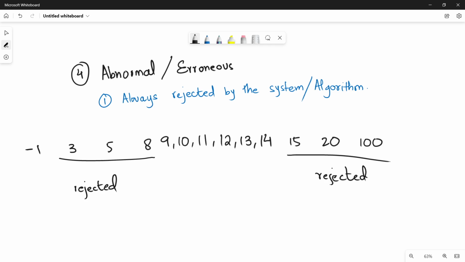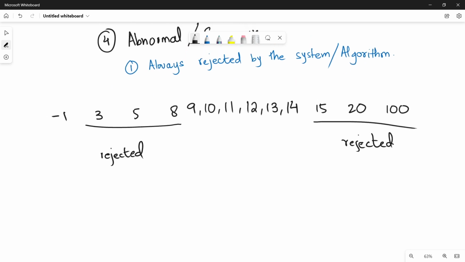And other than that, remember that the values that are not integers will also be rejected by the system. Why? Because the first validation is the range check, and the second validation is your type check, that the values must be integers. So all those values that are invalidating the type check, for example, an input of a string like "10".